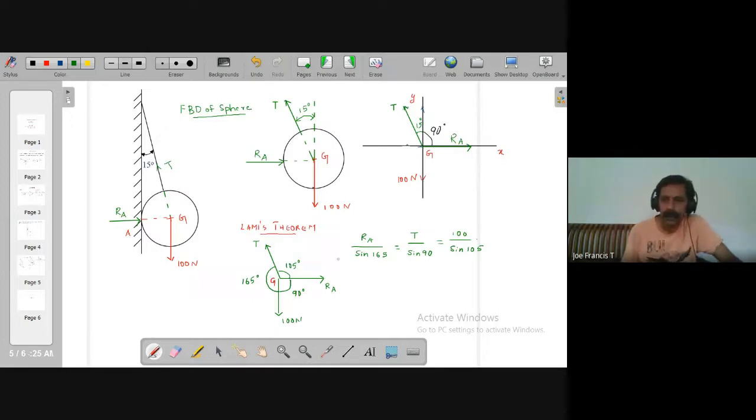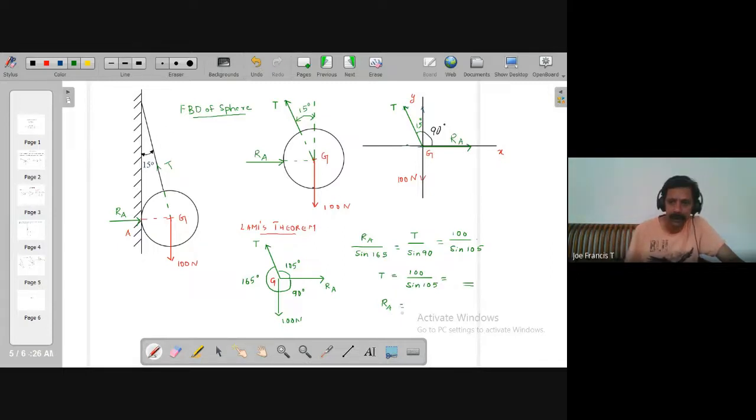From this you can find all these values for T and RA. You take the first two. Sine 90 is actually 1. So T is simple: T equals 100 by sine 105, right? So you get the value for T. And again you take the second equation, which is for RA.